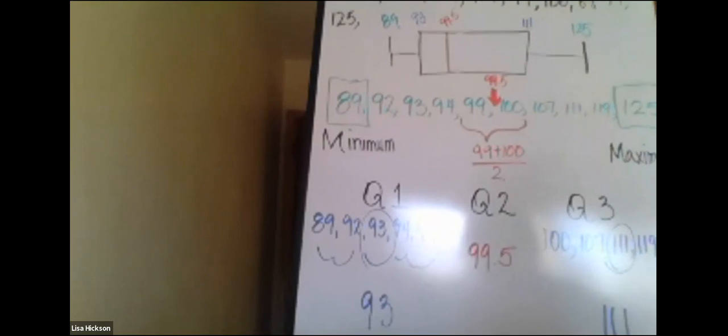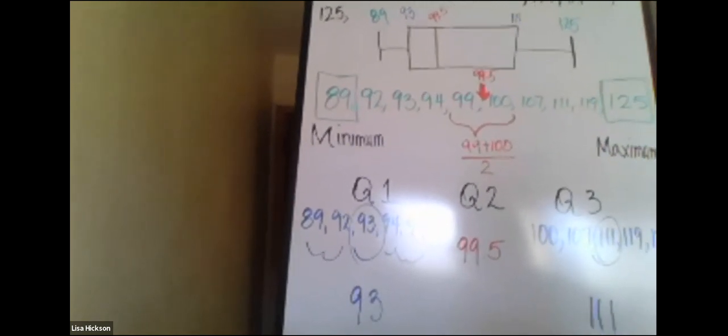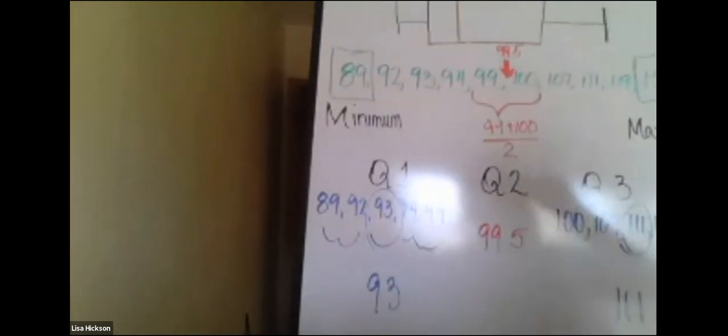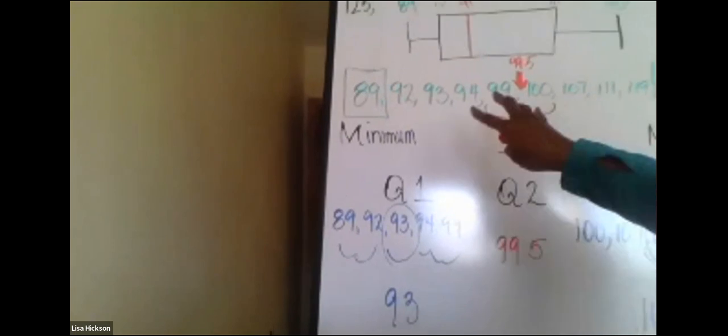Did everybody get what they need? Or are we still kind of working on it? But the key here, ladies and gentlemen, I must stress: if you have an even set of terms in your data set, when you find Q2, the median of the entire data set, remember to put it inside of your data set.